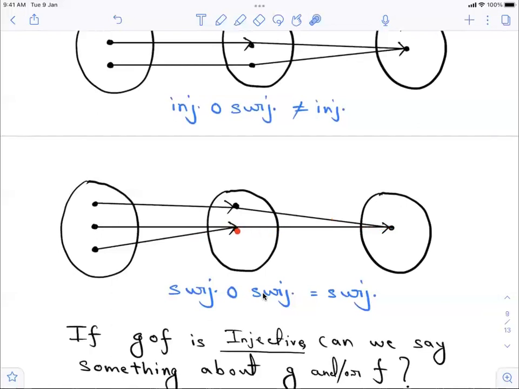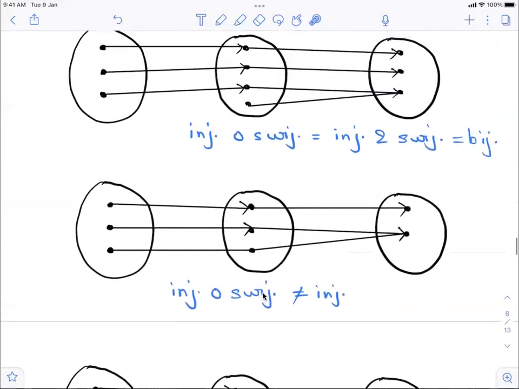And since F is surjective, this particular preimage will have a preimage here. So surjectivity of G guarantees a preimage here, and surjectivity of F guarantees a preimage here. That means this element under the composition will have a preimage. So composition of two surjectives is surjective, and therefore composition of two bijective maps is a bijective map.